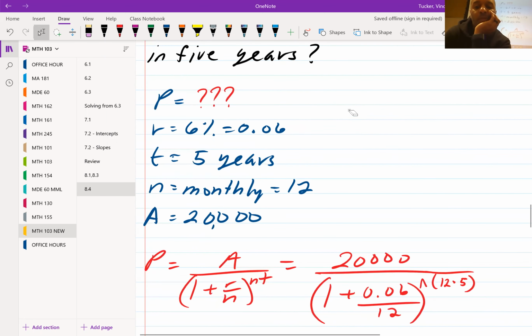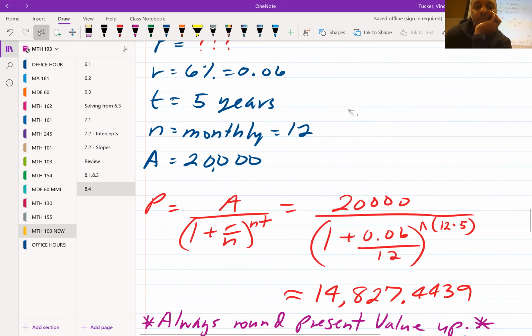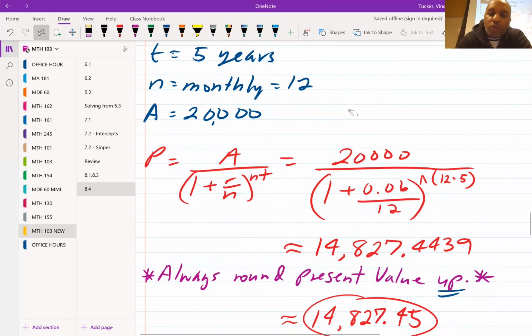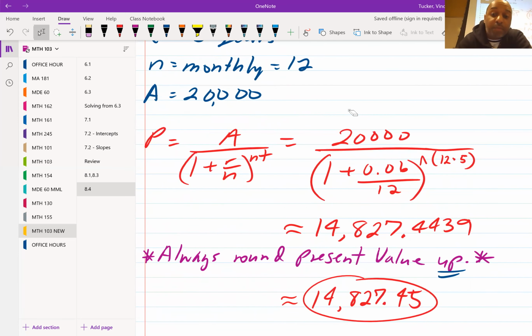Looking into the formula, that's 20,000, which is A, over 1 plus 0.06 over 12, raised to the 12 times 5. And that'll give us 14,827.4439. So notice the purple statement, you always round present value up.